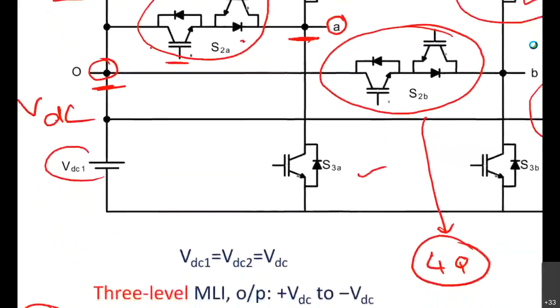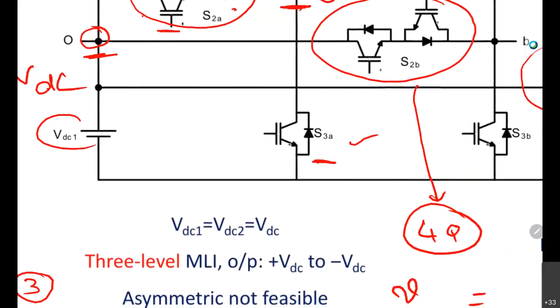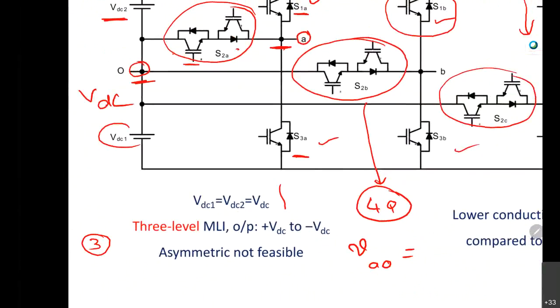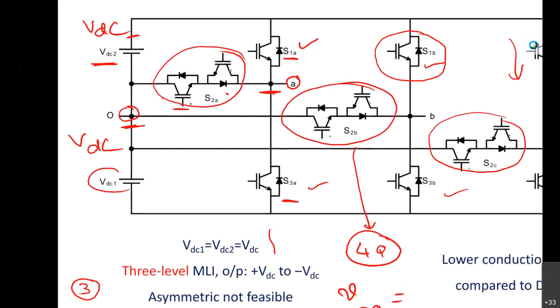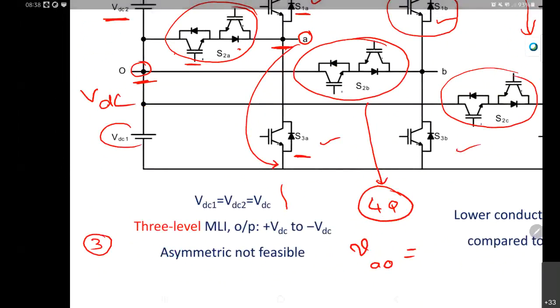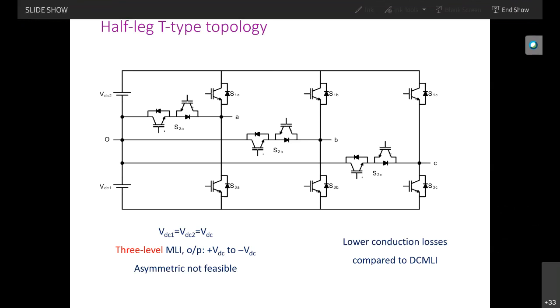Similarly, if you turn on the bottom switch, what voltage will you get across A and 0? A is connected to the negative, so the voltage between A and 0 is minus VDC.